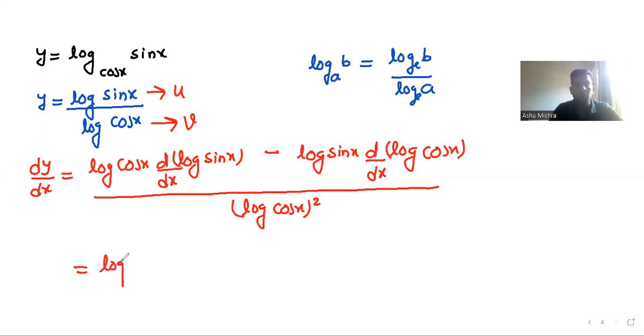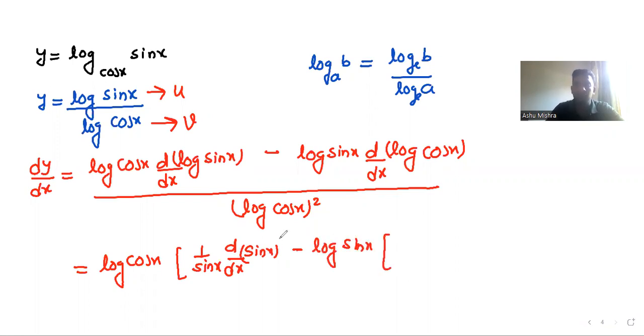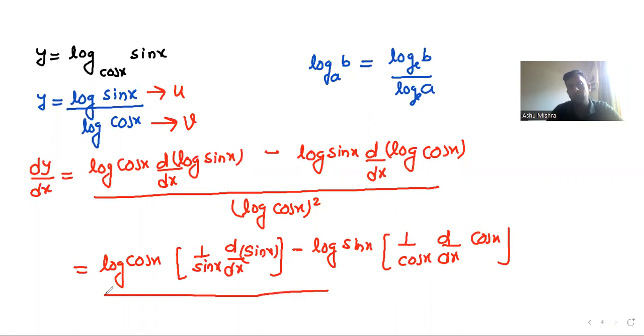Now, according to the concept, log cos x times the derivative of log sin x, which is 1 upon sin x times the derivative of sin x, minus log sin x times the derivative of log cos x, which is 1 upon cos x times the derivative of cos x, whole upon log cos x whole square.